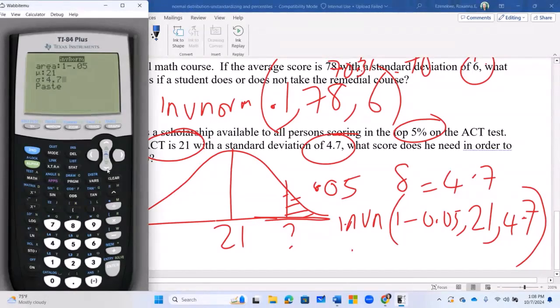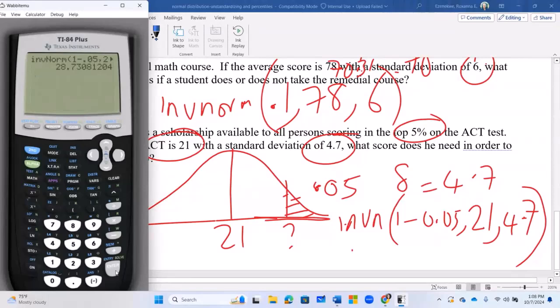And I'm going to calculate what is the score that John can get so that he'll be awarded a scholarship to the school. And that score is 28.73.